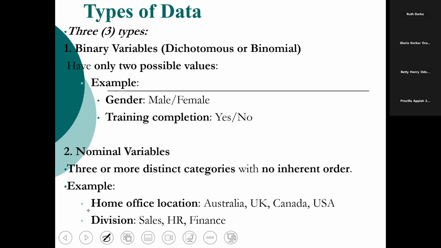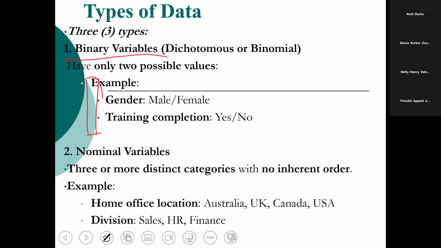Again, there are three types of categorical data. So we have what we call binary, and that is what we are used to. You have it here, male, female. If it's training completion, yes, no. Something like that. Then we have nominal data. That one doesn't follow any order.